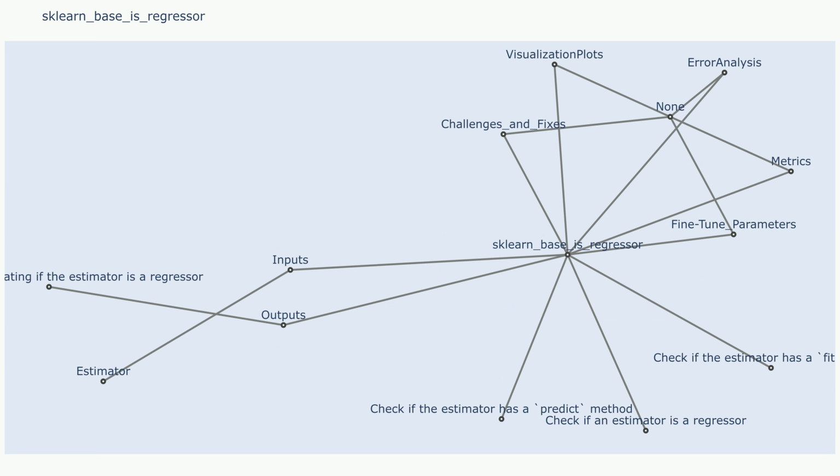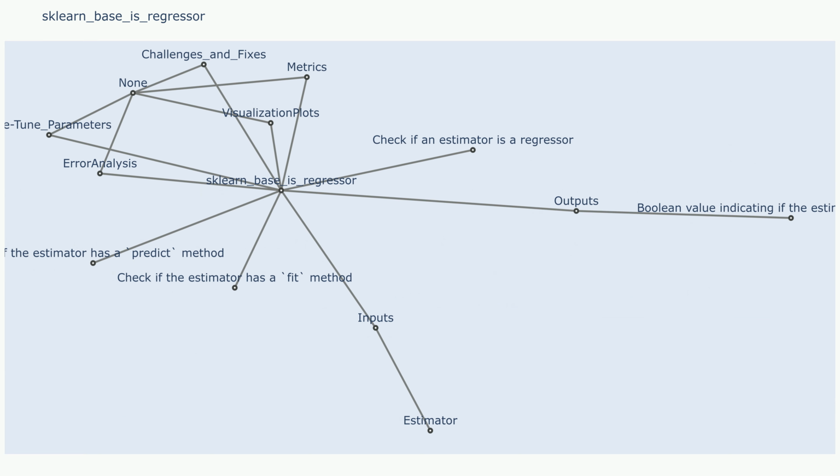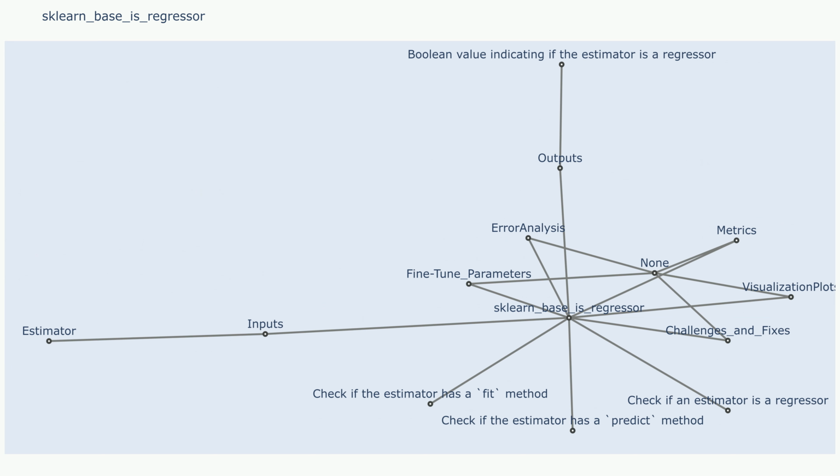Challenge 2: inconsistency in _estimator_type attribute. Some custom-defined estimators might not have the _estimator_type attribute set correctly, leading to incorrect results from is_regressor. Sample use case that resulted in challenge 2: a user-defined estimator class that doesn't define _estimator_type or defines it incorrectly, causing is_regressor to return an incorrect result.